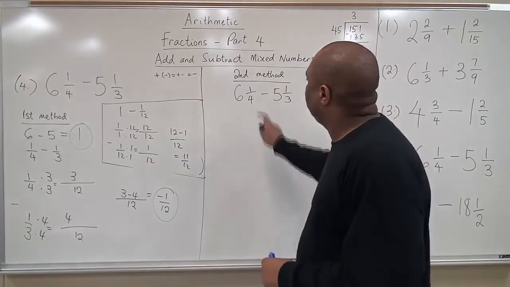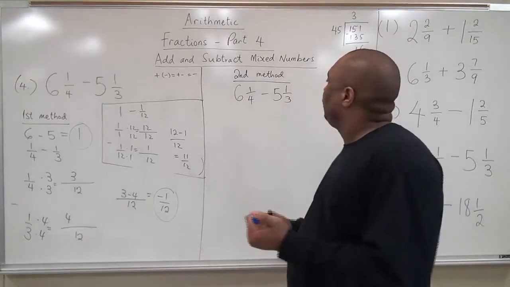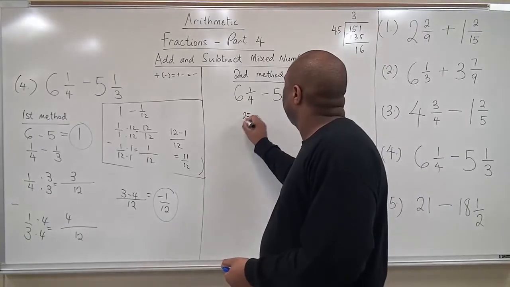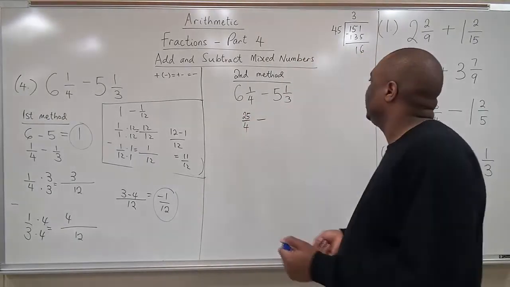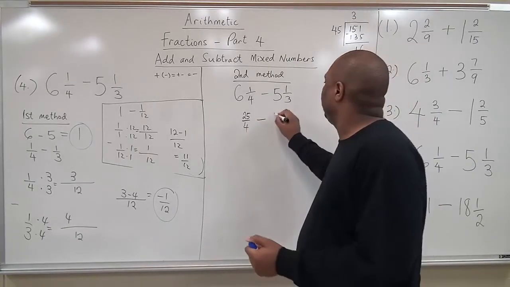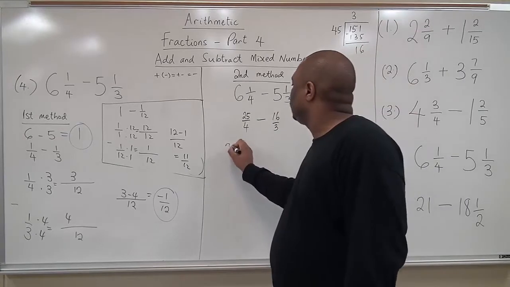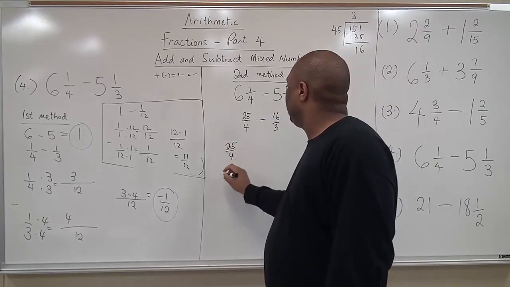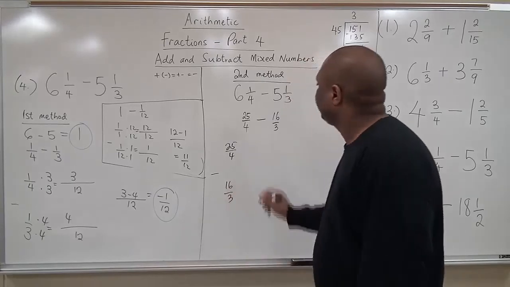With the second method, if we convert this to mixed number, 4 times 6, 24, plus 1, 25 over 4, minus 3 times 5, 15, plus 1, 16 over 3. So we have 25 over 4 minus 16 over 3.